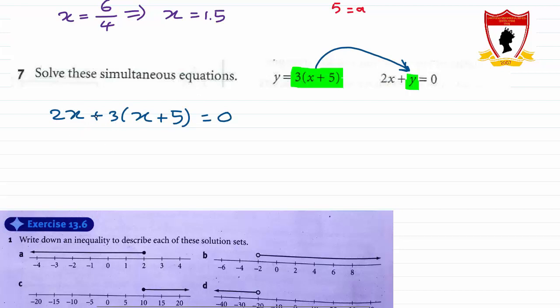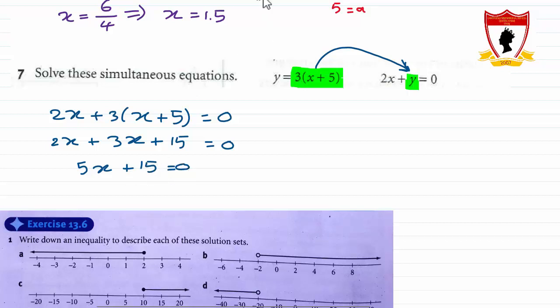Whenever we have brackets, the first thing you're going to do is expanding. 2x plus 3x plus 15 is equal to 0. Now 2x plus 3x is equal to 5x, plus 15 is equal to 0.